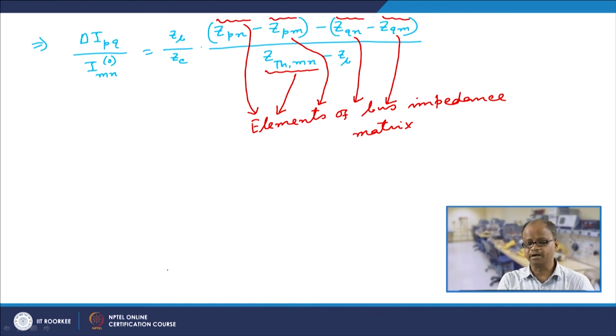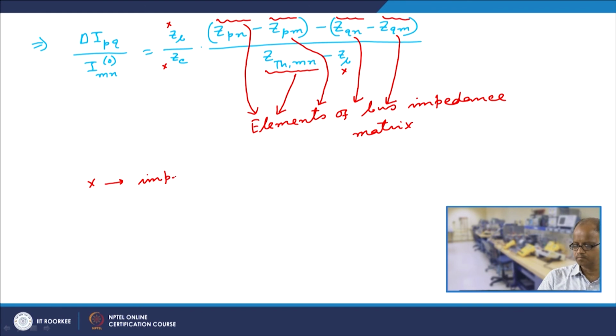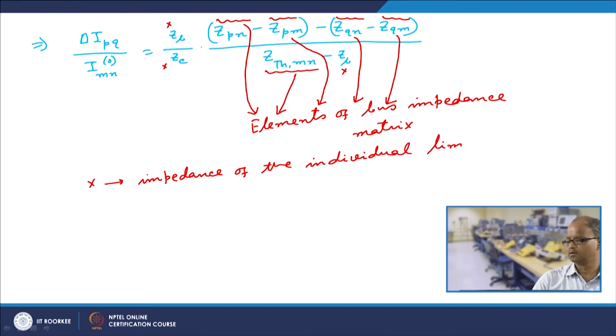On the other hand, these three quantities are the impedance of the individual line.